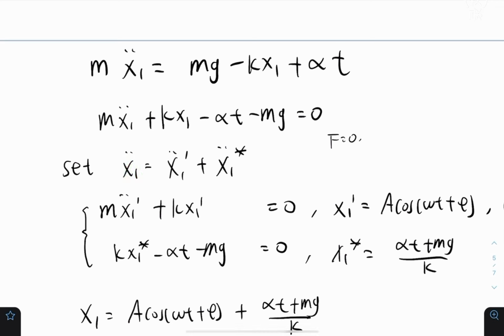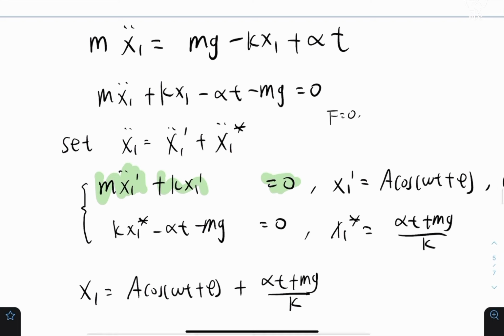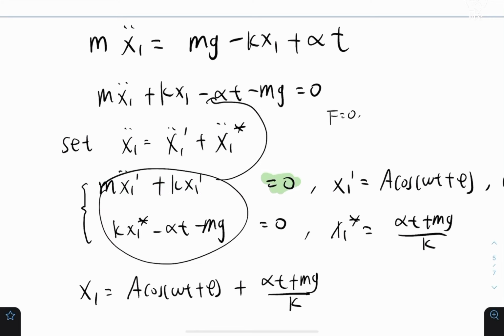And now we set the equation to be m x1 double dot prime plus k x1 prime is equal to 0, and k1 x1 star minus alpha t minus mg is equal to 0. And if you're interested, you can plug the equation back to here and you can see the equation is satisfied.